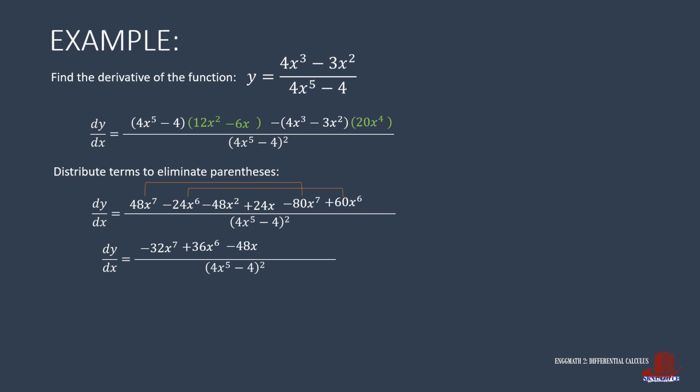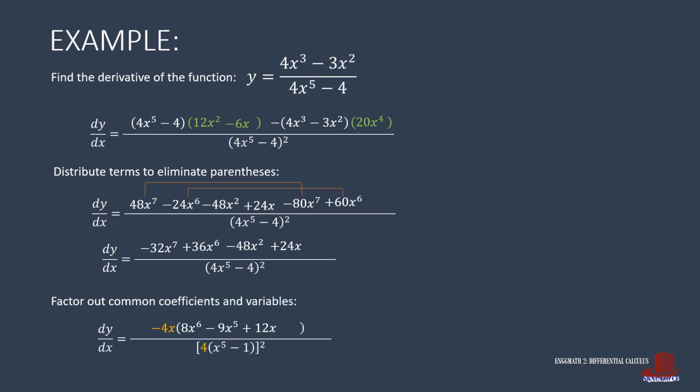Then copy the terms negative 48x squared and positive 24x. Although the terms themselves look like they can't be simplified further, we can factor out common factors. From the numerator, negative 4x can be extracted out, making the polynomial as 8x raised to 6 minus 9x raised to 5 plus 12x minus 6.